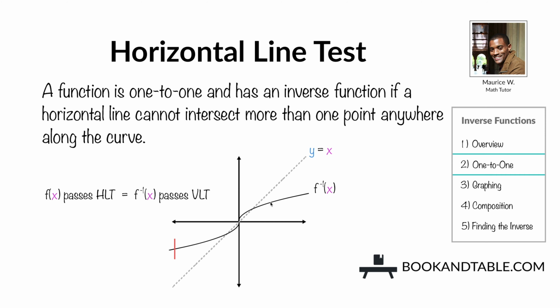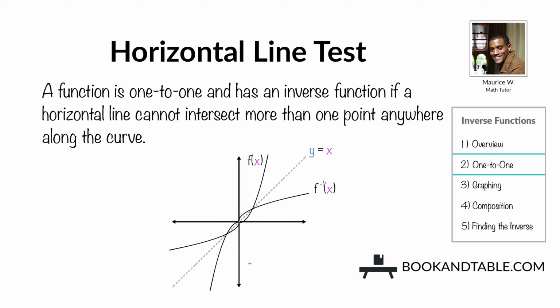If we use a vertical line, we see that it passes that test as well, which lets us know the inverse is a function. And we see f of x and the inverse of x reflect each other across y equals x. This is what a function reflecting across y equals x would look like.